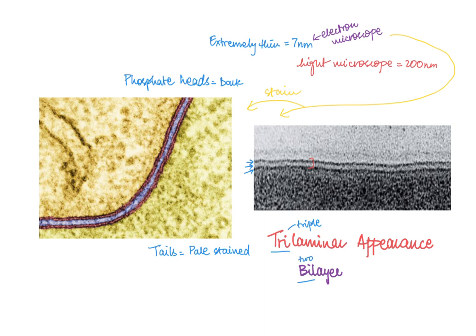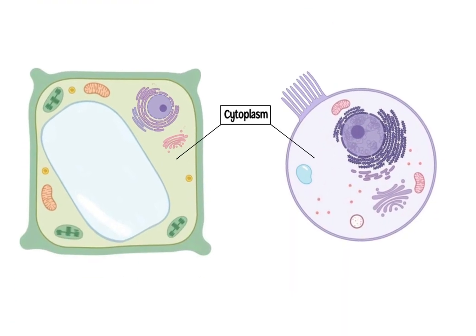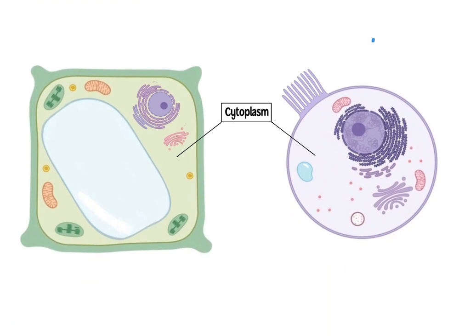Let us now quickly discuss what a cytoplasm is. So, for example, if a substance was trying to enter the cell from the extracellular space into the intracellular space, the first structure it would encounter would be the cell membrane, which serves as a partially permeable barrier to that substance. But let's assume that substance has been able to cross this partially permeable membrane.